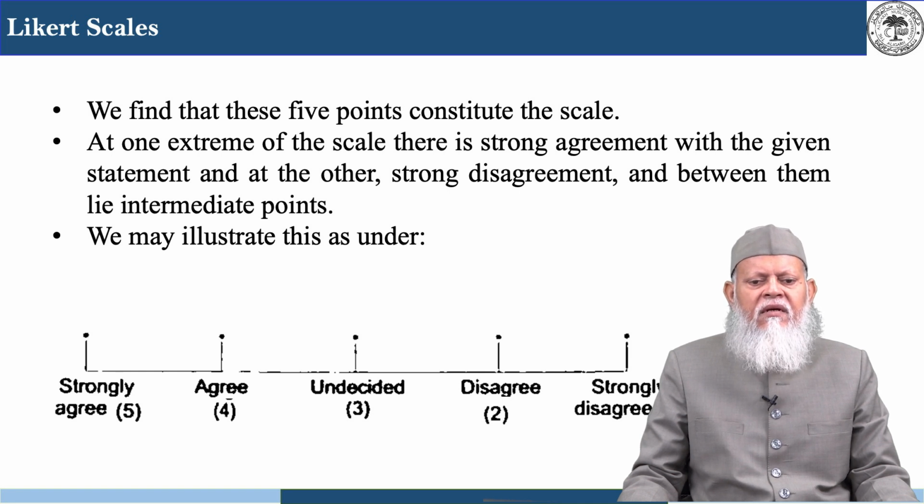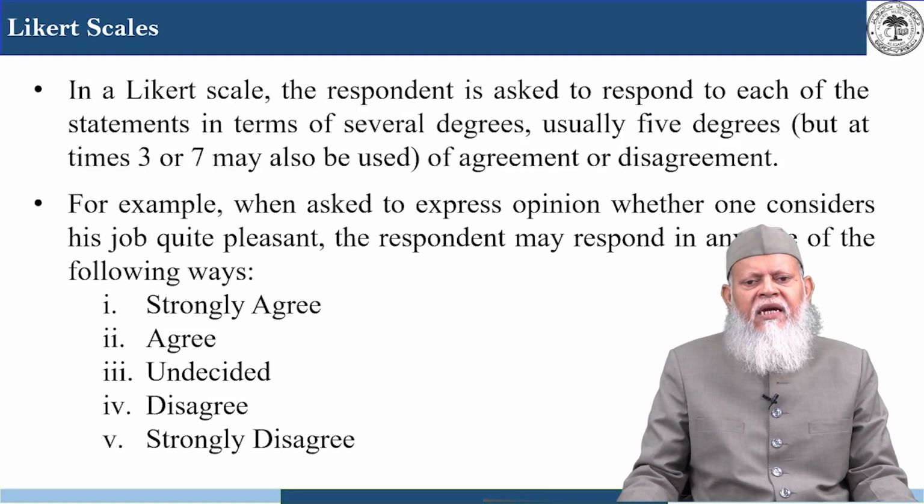In between we have agree, undecided and disagree, and the scores have been given accordingly. So, in a Likert scale, the respondent is asked to respond to each of the statements in terms of several degrees, usually five, but at times three or seven may also be used for agreement or disagreement.